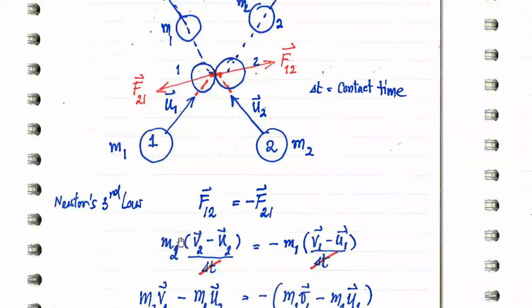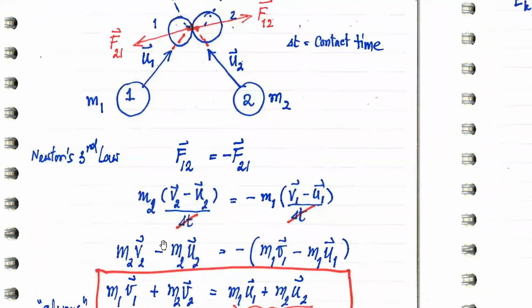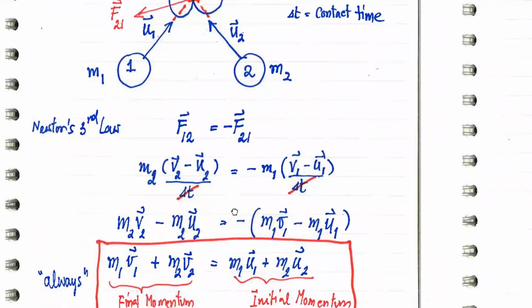And using the definition that the force is mass times the change in momentum, or the mass times acceleration, F12 is equal to M2, one acting on two, times the change in velocity, so that's V2 minus U2 over delta T, and equal to minus M1 times V1 minus U1 over delta T. And because the contact time is equal, you can cancel the contact times out.